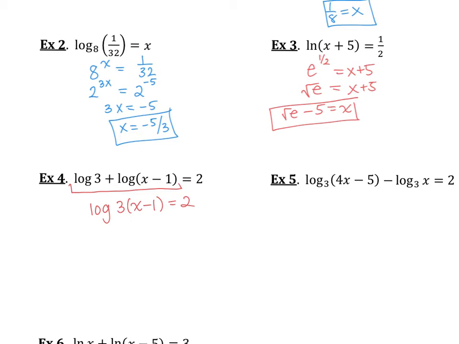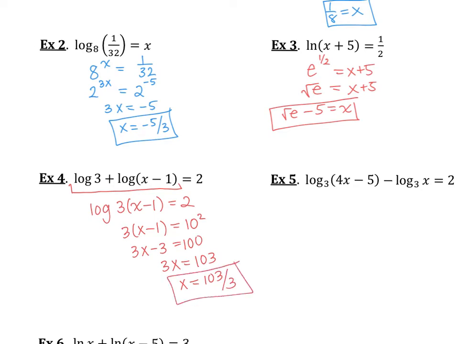Since this is the common log, the base is 10. So what would this be? This would be 3 times x minus 1 equals 10 squared. Or you could rewrite it the opposite way. So 3x minus 3 equals 100. I got 103 over 3, and then I did glance and see if I plug in 103 over 3 here, will that maintain a positive argument when I subtract 1? Yes, it's fine.